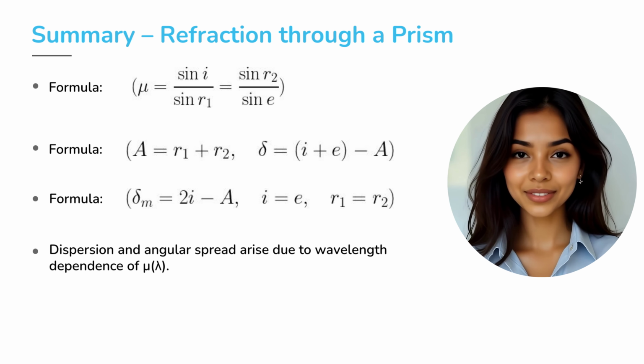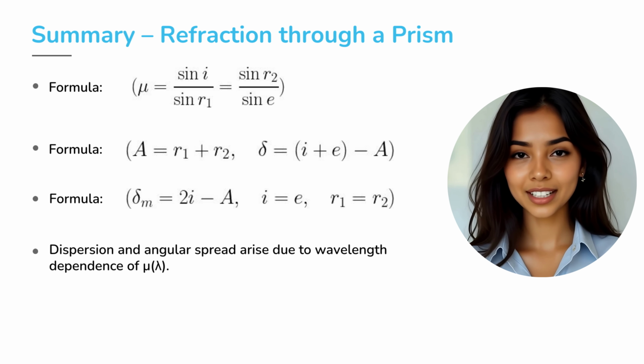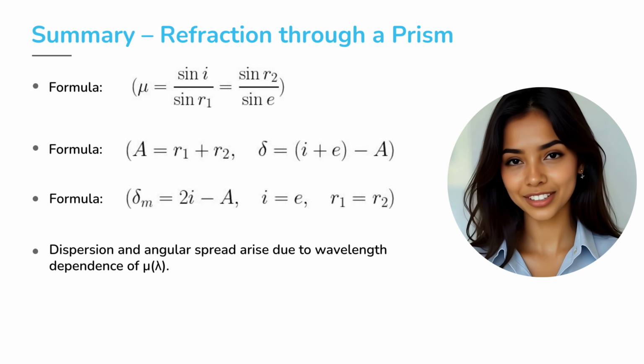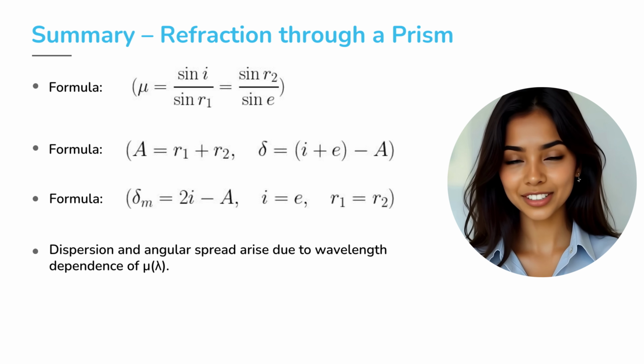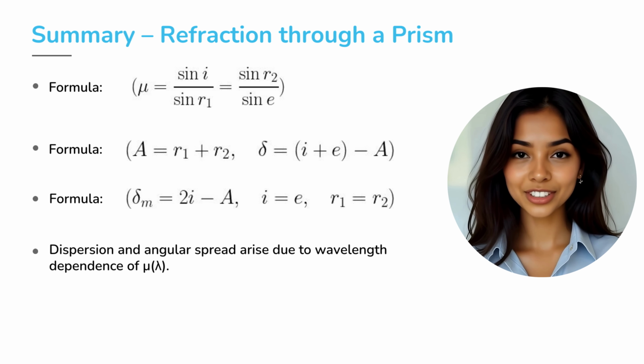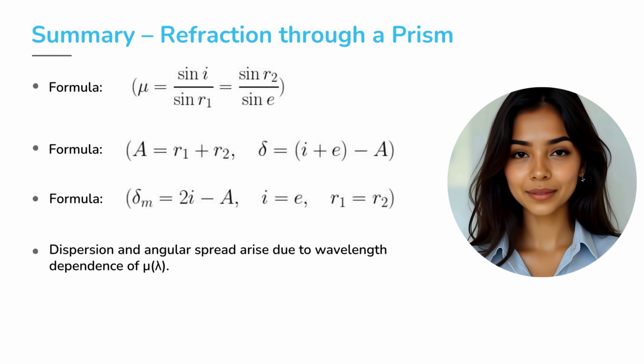And finally, the dispersive power omega, defined as the difference in refractive indices for blue and red divided by refractive index of yellow minus 1, quantifies the efficiency of a prism's color separation. This knowledge is fundamental to understanding not just prisms but the behavior of light in many optical instruments we use every day, from cameras to spectrometers.